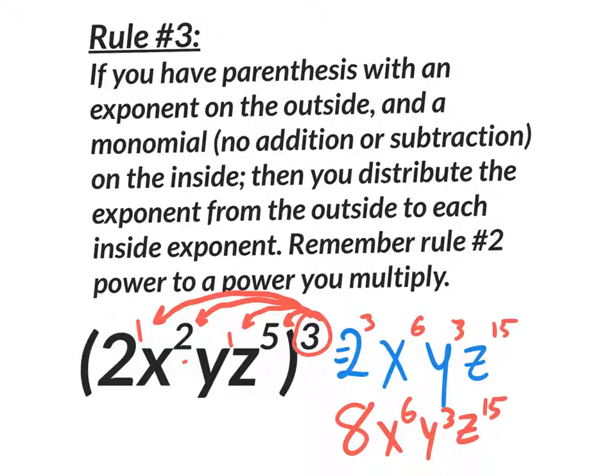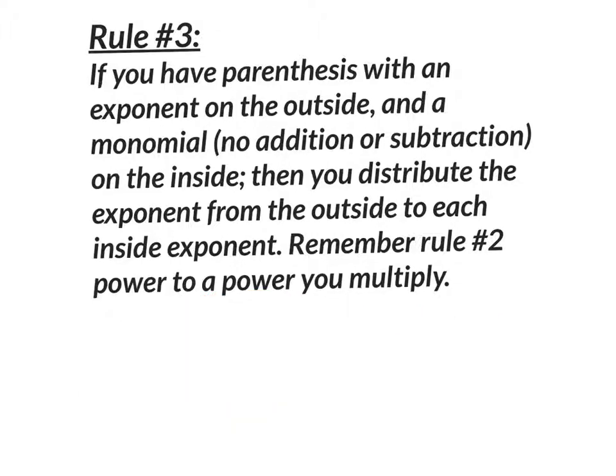So let's try another one. I want to make it a little easier. How about this? Parentheses, 2x to the 3rd power. Jot that down. And what do you guys say the answer is here? Or how about this? What would my first step be?